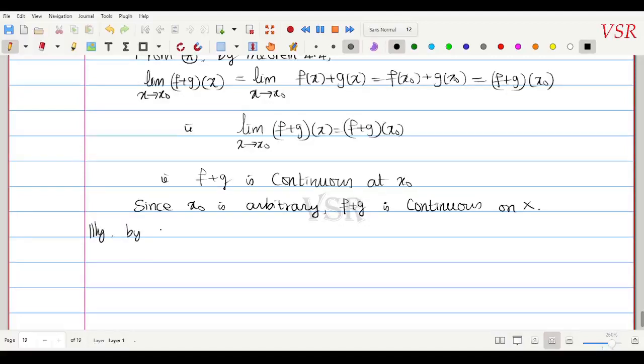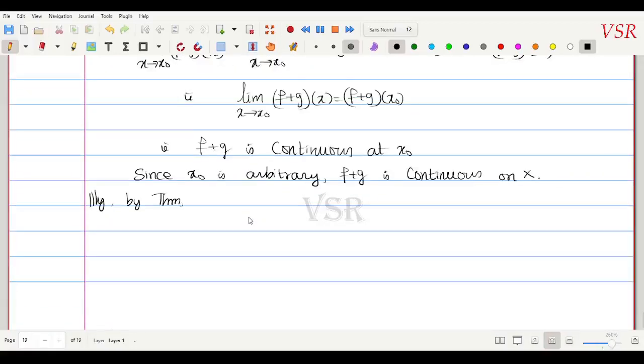Okay, by Theorem 4.4 we have limit extending to x naught of f into g at the point x, which is equal to f at the point x naught into g at the point x naught, so that is equal to f into g at the point x naught.